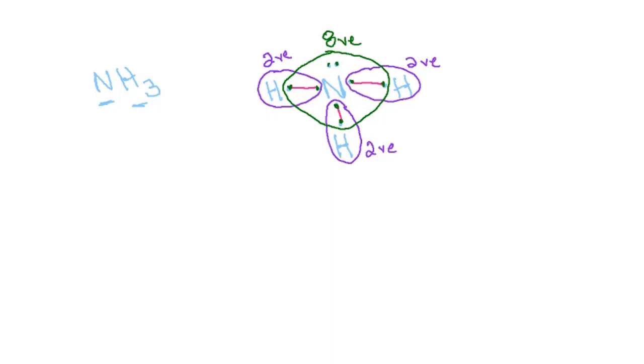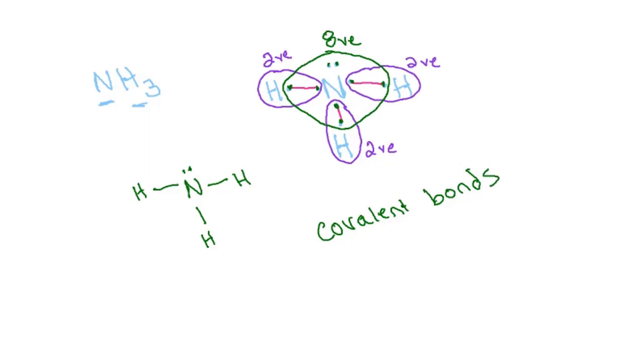So that satisfies the octet rule for nitrogen. And that's it. And that is covalent bonds written in the Lewis dot structure.